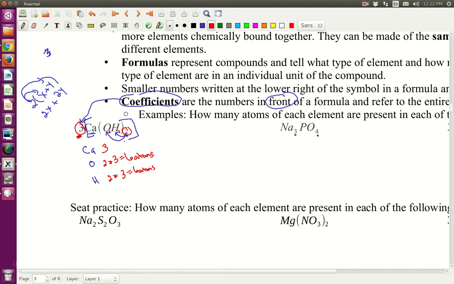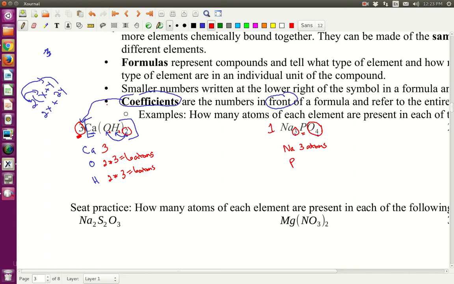This is calcium hydroxide. Now what about over here? Well, there's no coefficient, so when there's no coefficient, you assume that it's a 1. So this one's actually very easy. We have sodium, and that subscript of 3 tells me 3 atoms. Okay, we have phosphorus. Now notice this subscript only pertains to the 4, or to the oxygen.